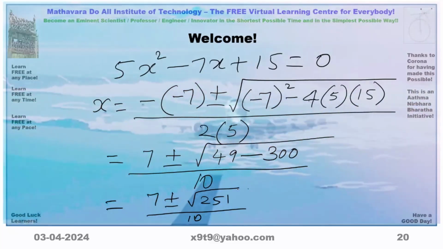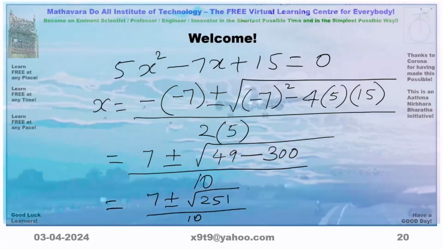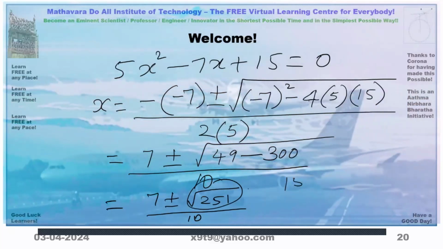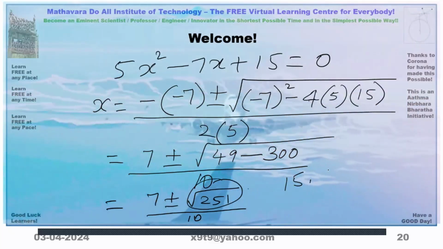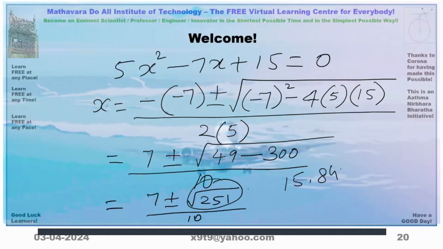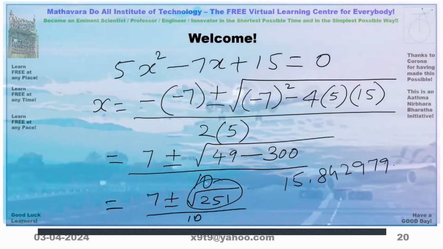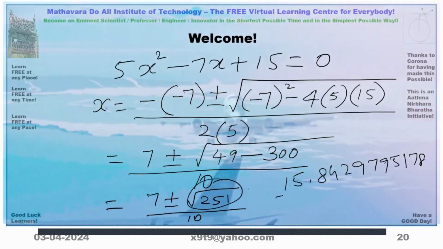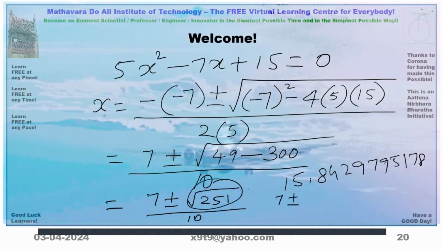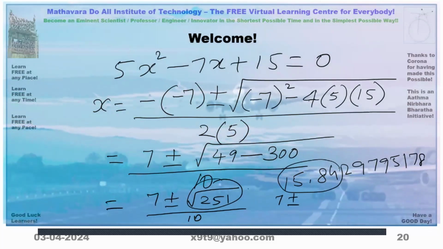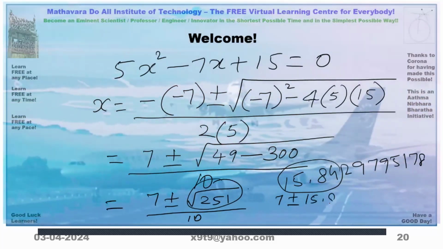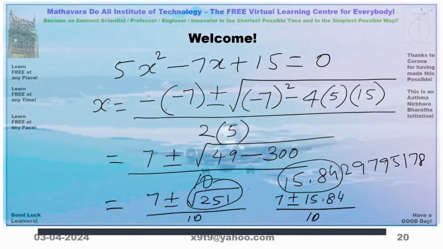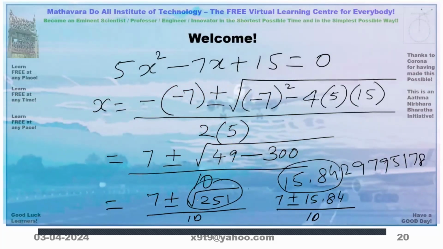There you write 251. So the answer comes like 15.8429795, something like that. So it is 7 plus minus this. Suppose we keep only 2 decimal places: 15.84 by 10.